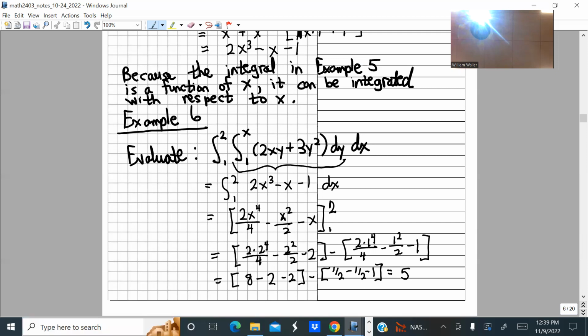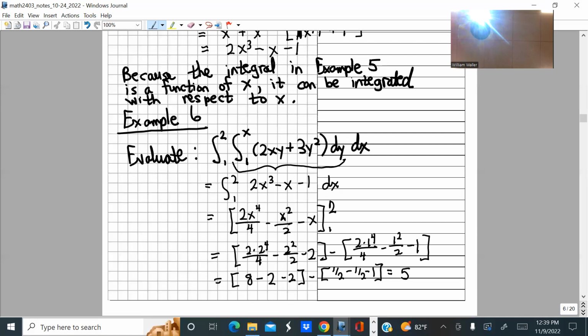Okay, so we're going to integrate first with respect to y, and that leaves us with this expression. Notice that because x is a constant, when you integrate with respect to y, you can use x as a limit of integration. See, x really plays the role of a constant.